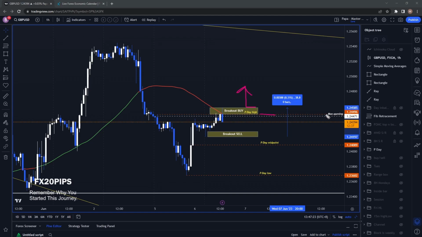Alright, or you can put it below the Monday opening. There's nothing stopping you to put it below here, but then you will be looking at the stop loss of 38.8 pips. Alright, so these are things that you need to weigh up.